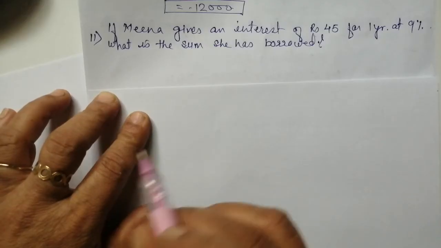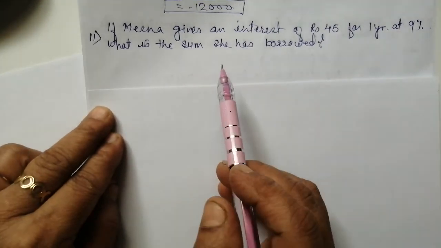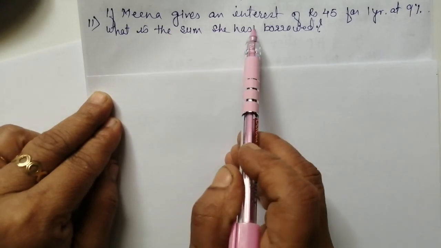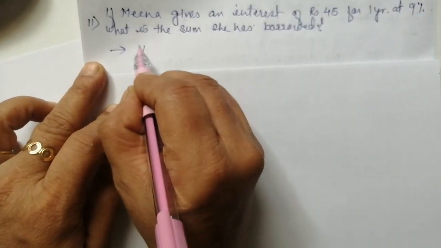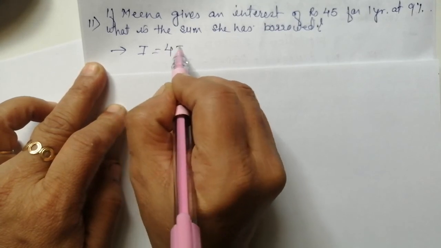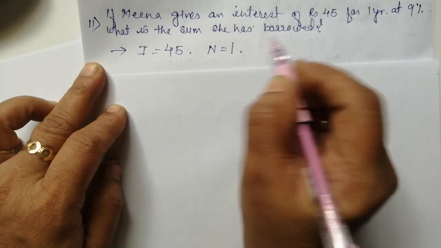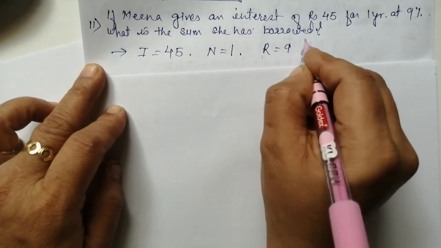Here the same formula you have to use. Simple interest is equal to P multiplied by N multiplied by R divided by 100. See, Meena gives the interest of 45 rupees, means here I is given 45 rupees. Year N is given, that is 1 year, and the rate of interest is 9%.